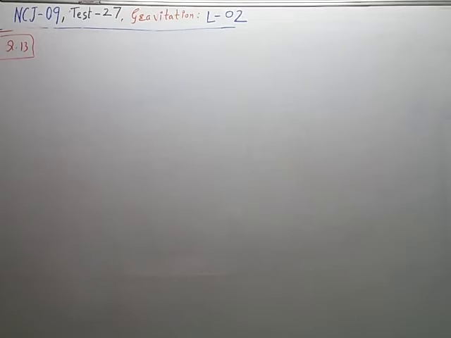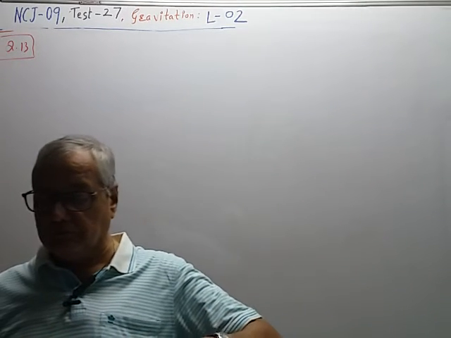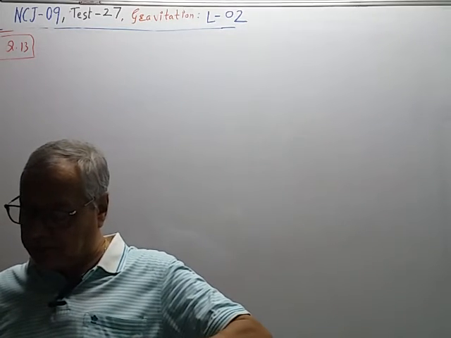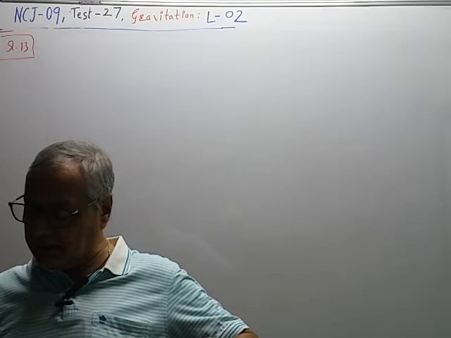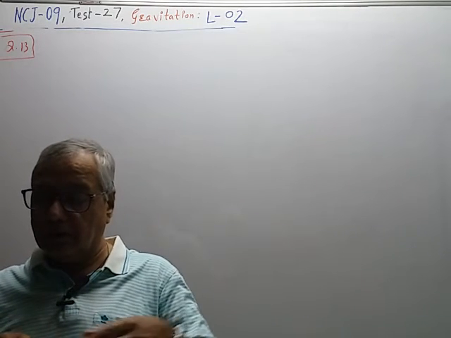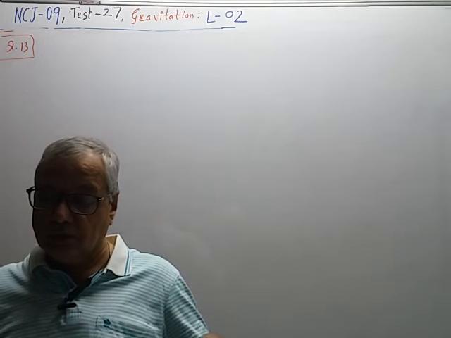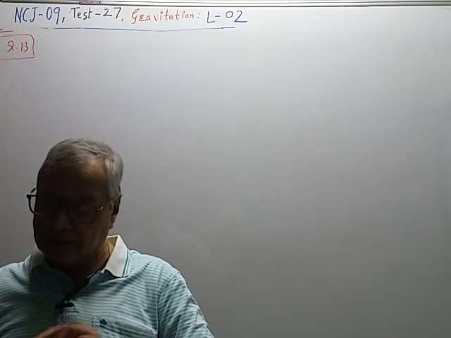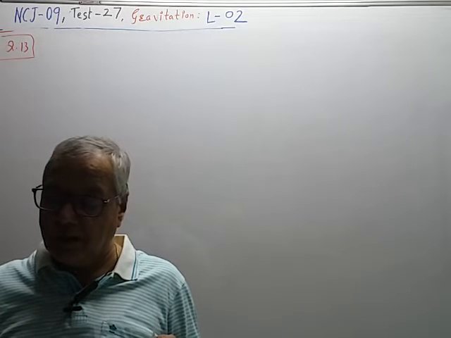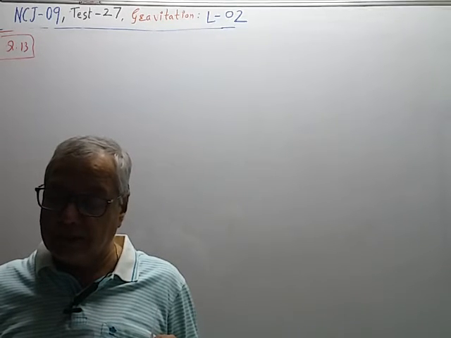So let us see this question number 13. I will read the question. A particle of mass 10 gram is kept on the surface of a uniform sphere of mass 100 kilogram and radius 10 centimeter.